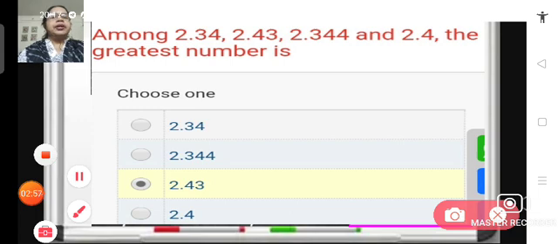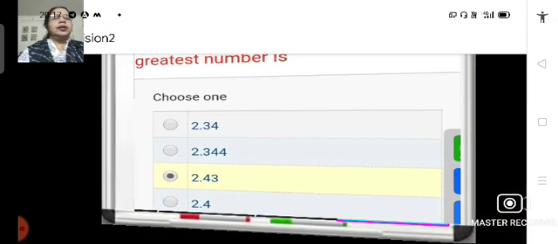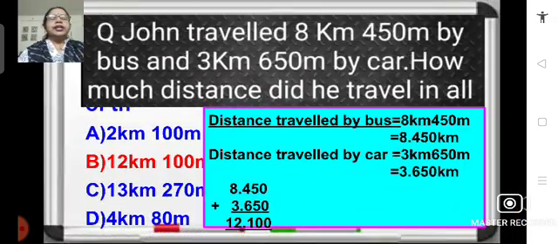In this number, it is 4. And this number also, it is 4. So, we have two numbers, 2.43 and 2.4, which means 2.40 we can take. So, easily 2.43 is the greater one. So, 2.43 is the greatest number. This is the correct answer. Now, let's move on to the next question.